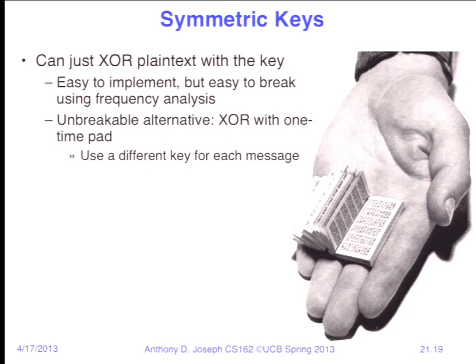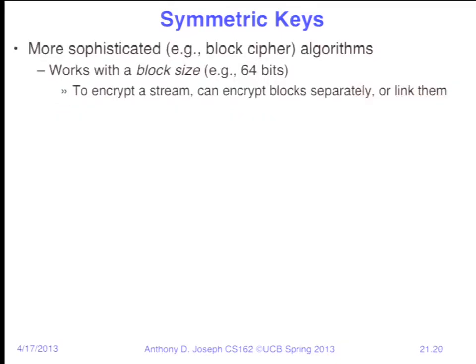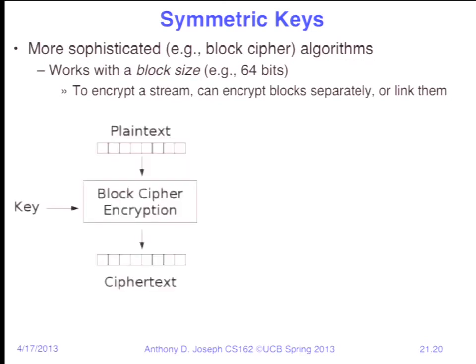All right, so more sophisticated versions of this, when we have computers doing it, are block ciphers. These typically work on some block size, like 56 or 64 bits. To encrypt a stream, we just encrypt these blocks one at a time, or the blocks can be linked together, which is called a chained block cipher.